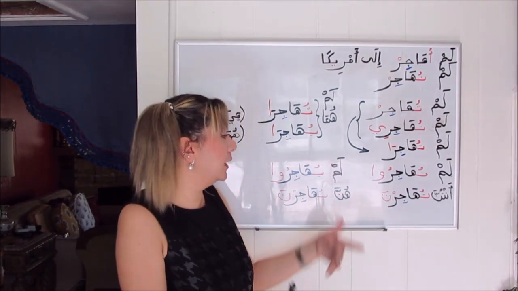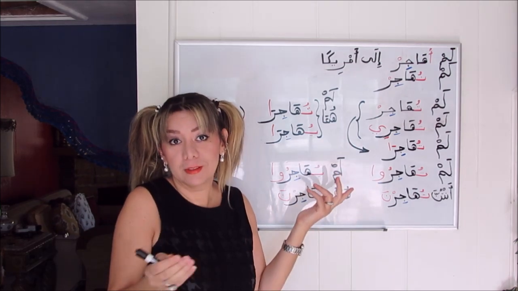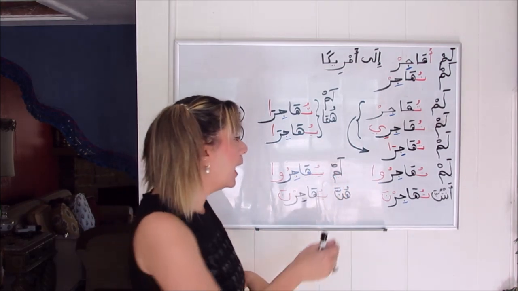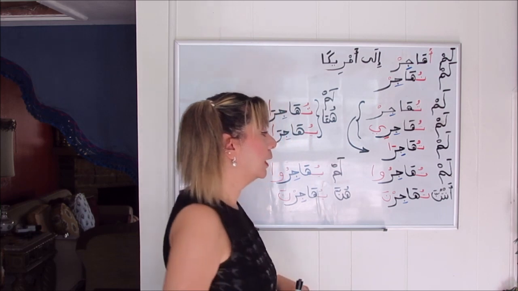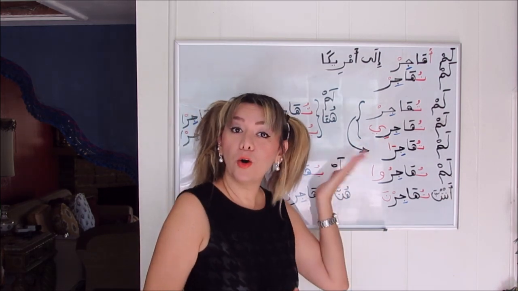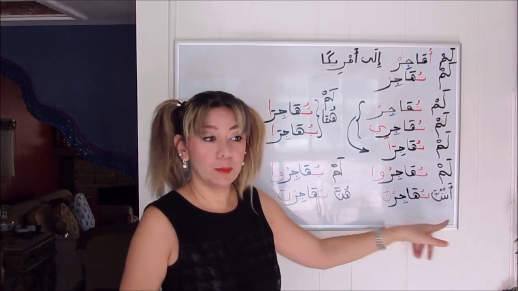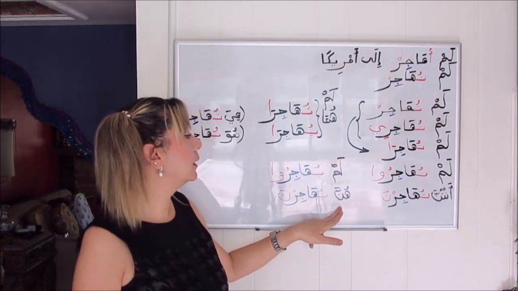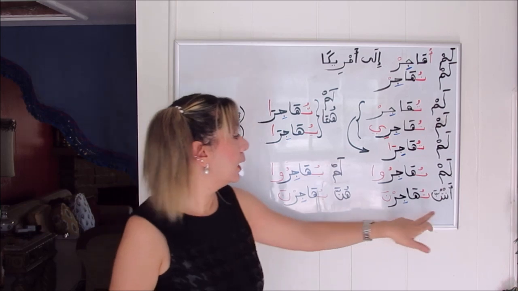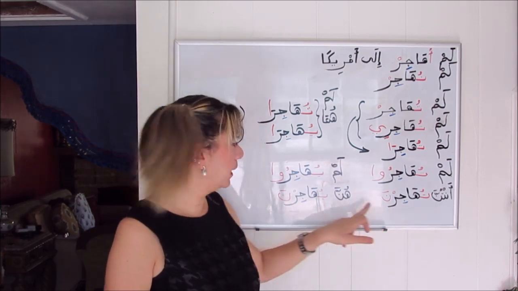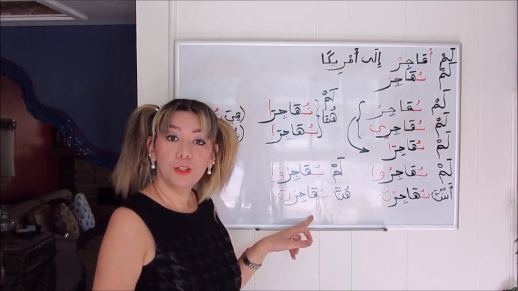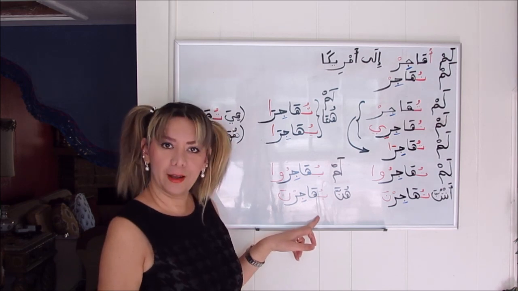So they are already in the jussive mood, apparently. And this noon is the marker of the second person feminine plural and third person feminine plural. لم تهاجرن. لم يهاجرن.